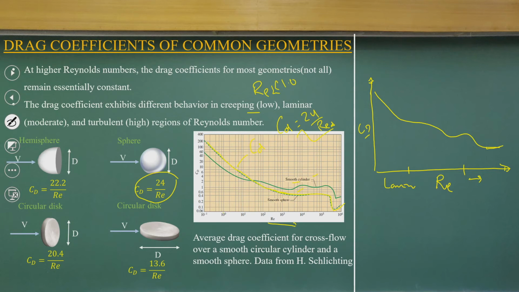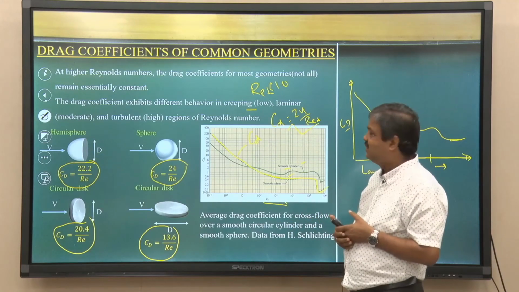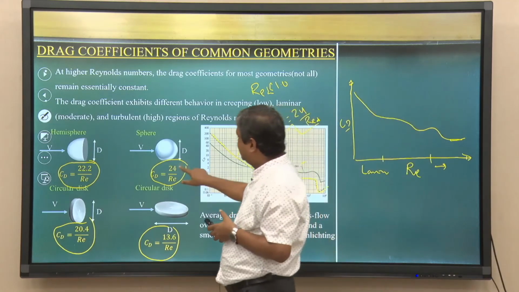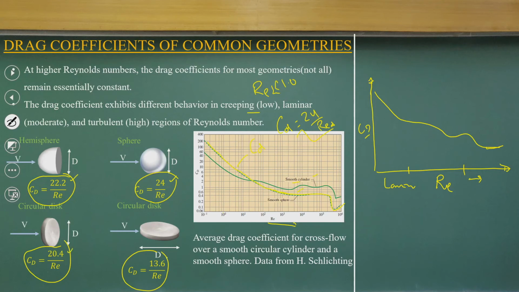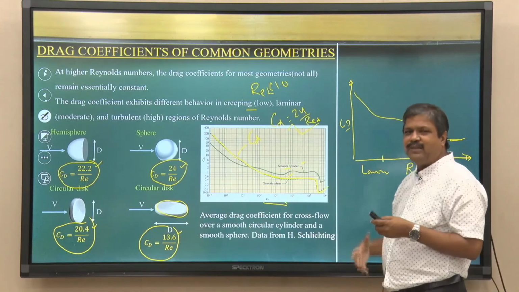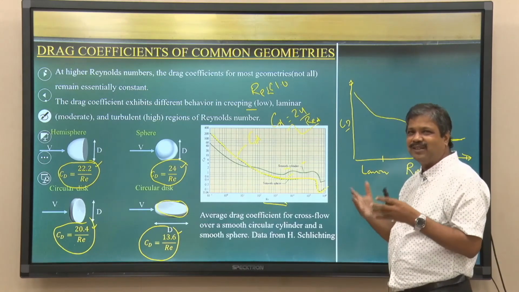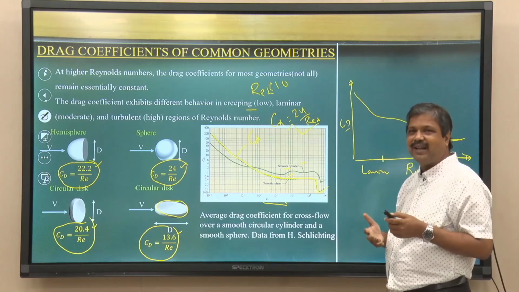As I was saying, the CD for hemispheres and circular cases is no doubt inversely related to the Reynolds number. The higher the Reynolds number, the lower the CD value usually, but the coefficients are what differ. As you expected, in this type of case the drag force is less. Basically, what I am saying is that if you relate this to your day to day activities with drag and lift force, then you can really enjoy these chapters.